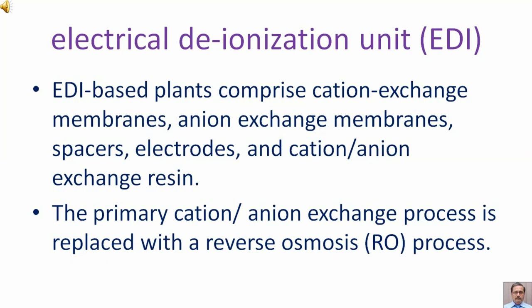EDI based plants comprise cation exchange membranes, anion exchange membranes, spacers, electrodes, and cation/anion exchange resin. The primary cation/anion exchange process is replaced with a reverse osmosis process.